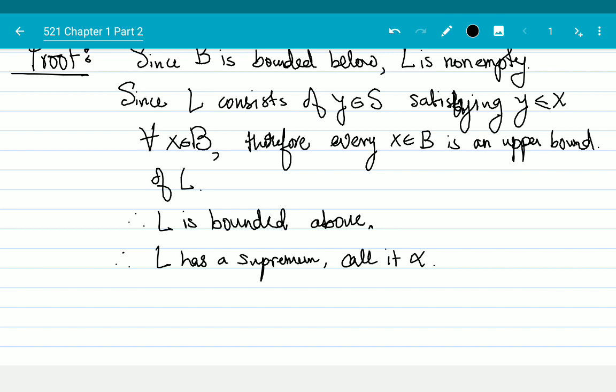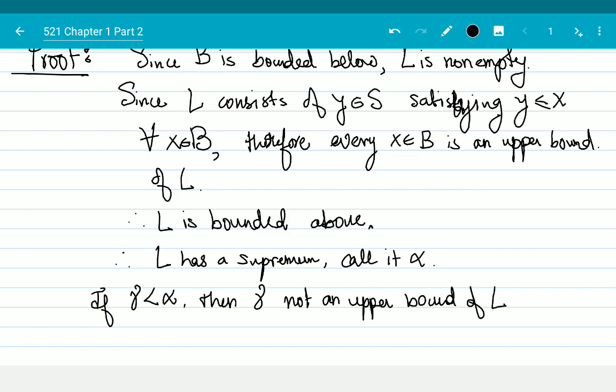Okay. Now, well, let us see. Since it is the supremum, if there is some gamma smaller than alpha, then gamma is not an upper bound of L, and therefore gamma does not belong to B, right?